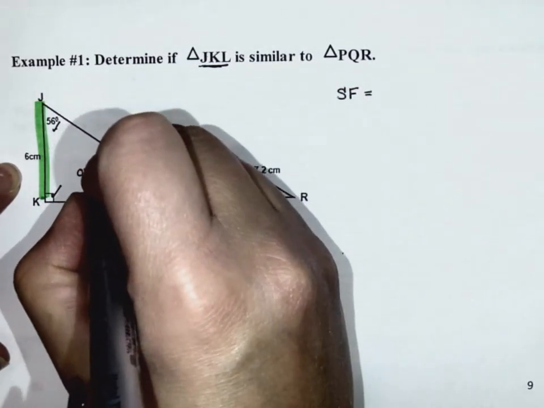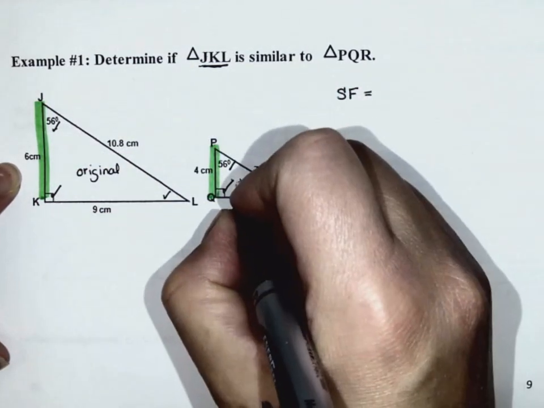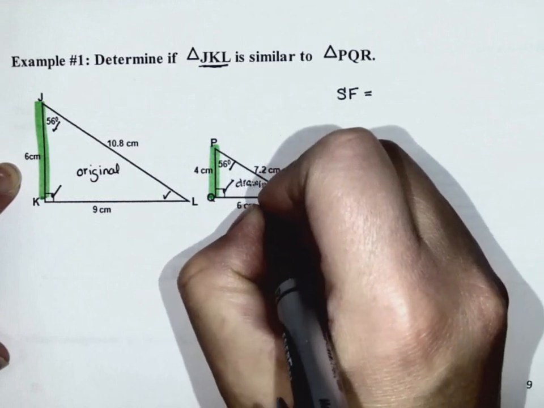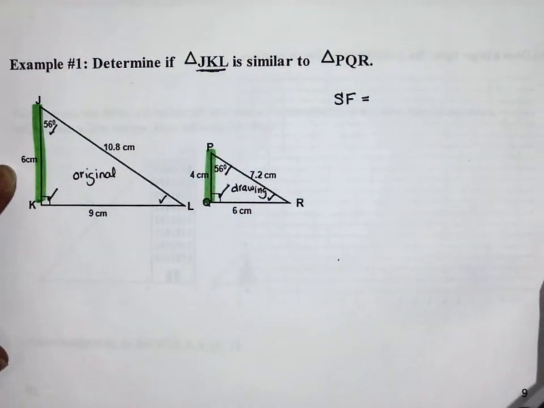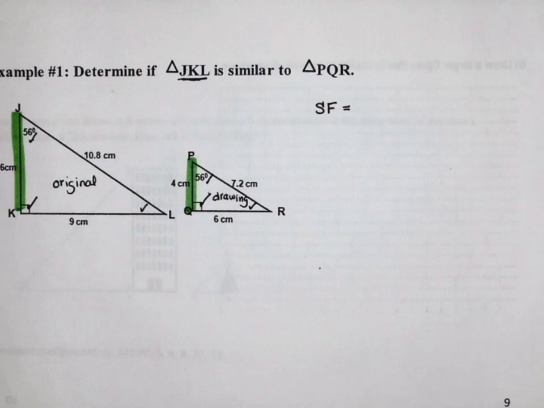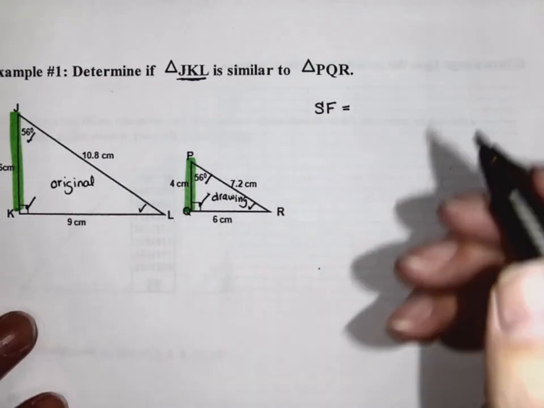I'll do this one as the original, and I'll do this one as the drawing. Okay, do we remember the formula for scale factor? Did you write it down from the example above? Drawing over original.